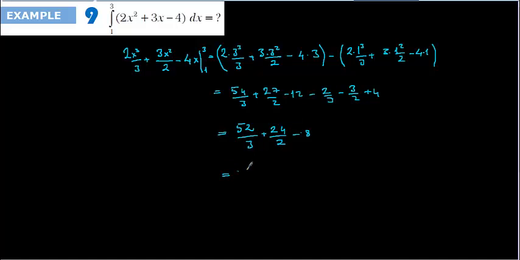So 52 over 3 plus 12 minus 8, and 52 over 3 plus 4 is equal to 12 plus 52 over 3, which is 64 over 3. Okay, the next question.